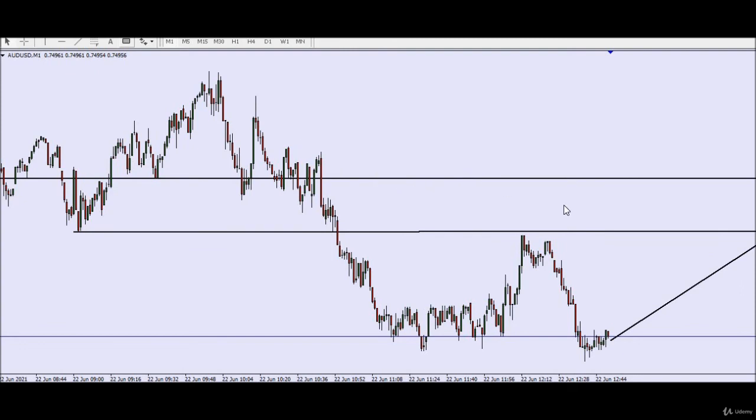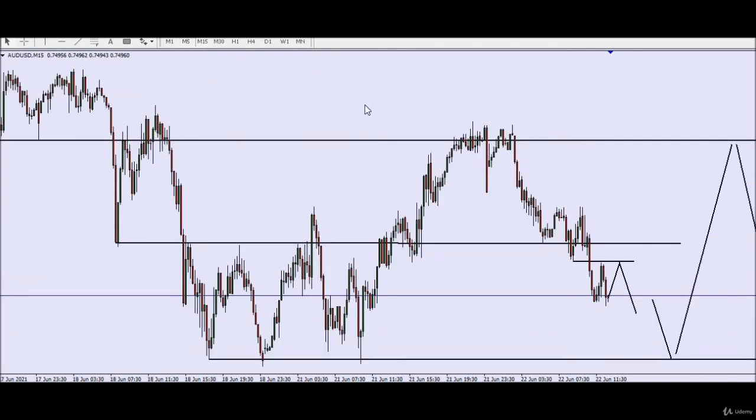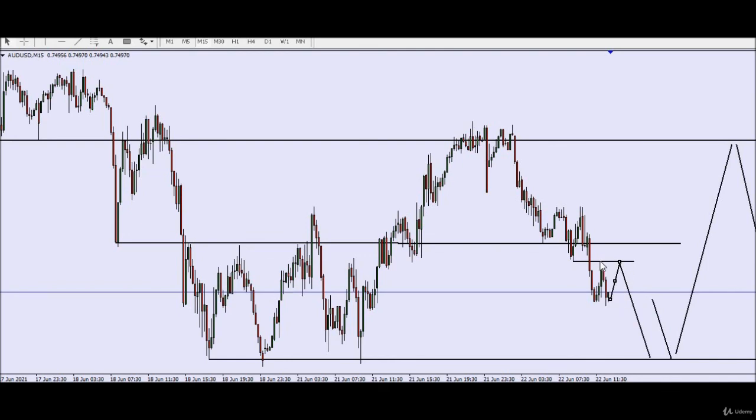So nothing new, so I will repeat once again. We can await that the price can go back to this level. It doesn't have to.